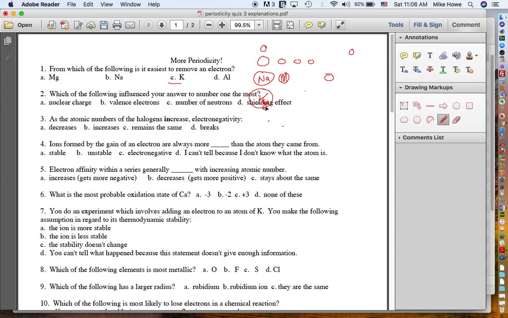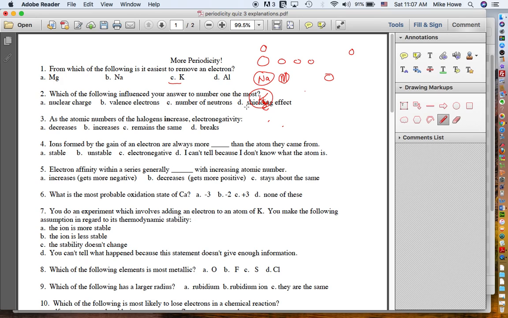So what that does is it makes the atom bigger, easier to lose electrons, which means that ionization energy is going down. And electron affinity is going down, as is electronegativity. So as you go down, electronegativity, ionization energy, electron affinity, all go down. They decrease as the size is increasing.